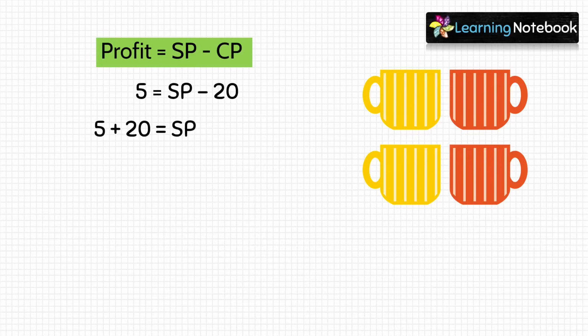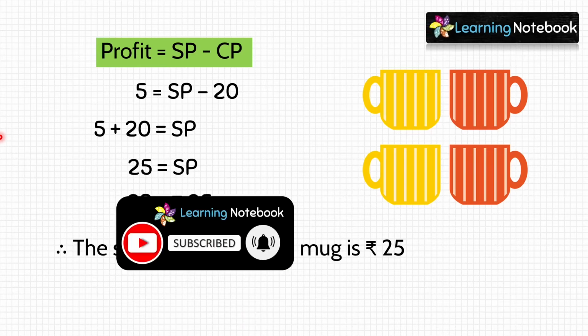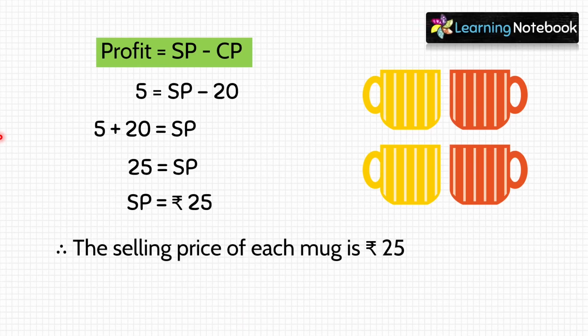Now to calculate the selling price, we will shift 20 to the left hand side. So its sign changes from negative to positive. So we get 5 plus 20 equals to selling price. And 5 plus 20 equals to 25. So selling price is rupees 25. We will write the answer statement. The selling price of each mug is rupees 25.